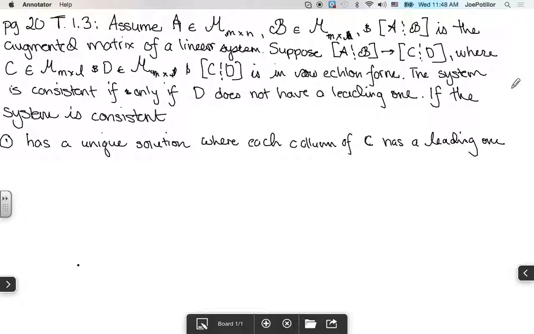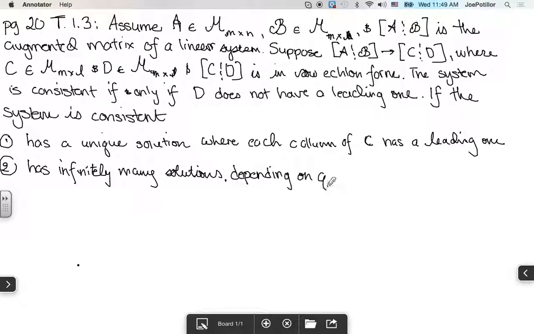And for part 2: it has infinitely many solutions, depending on q parameters, where C has exactly q columns that do not have a leading one.